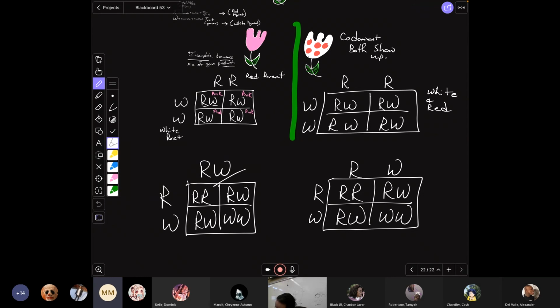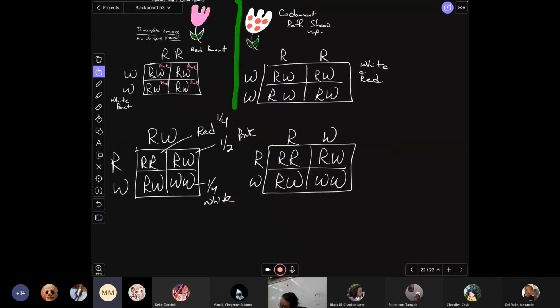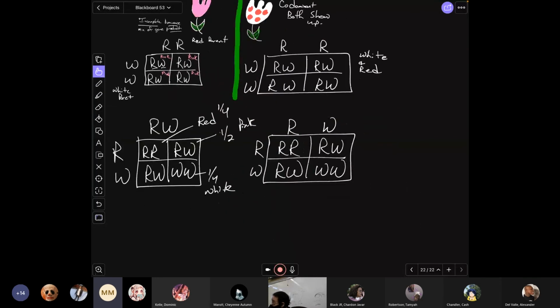You get 1/4 red, 1/2 pink, 1/4 white. Easy peasy. There's no question about what happened there. The genotypic ratio equals the phenotypic ratio.